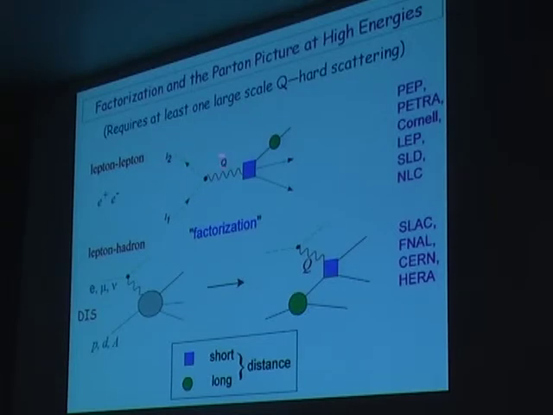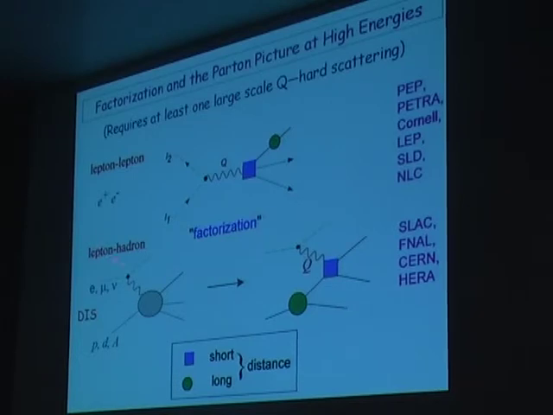We have e+e- annihilation, which I have already talked about, and there are many measurements of various physical quantities through the last 20 years, starting from the lower energy machines through to the LEP and so on, and the ILC. When this slide was made, it was still the NLC, but now it's the ILC, I guess.